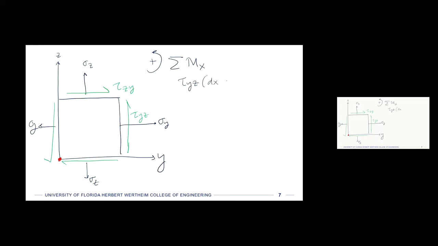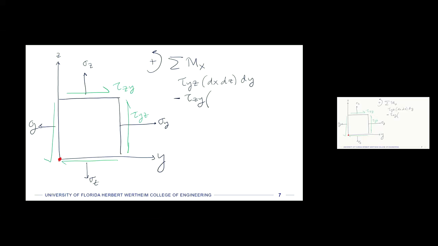So I'm going to write that here. This is just trying to get a force from the shear stress, because when we sum moments, we need a force times a distance. And the distance acts dy away from the origin. So that's our first moment from tau yz: tau yz times the area over which it acts times the moment arm of dy. And then we also have tau zy across the top, and that is acting in the opposite sense with respect to our moment. So we're going to do minus tau zy.